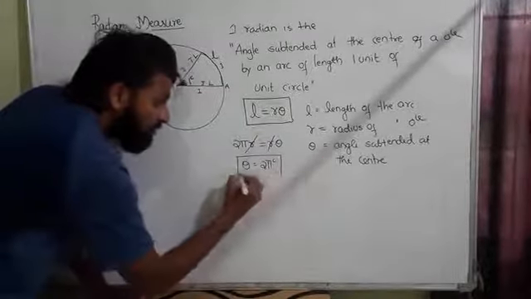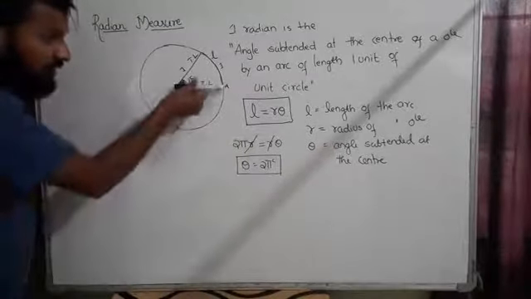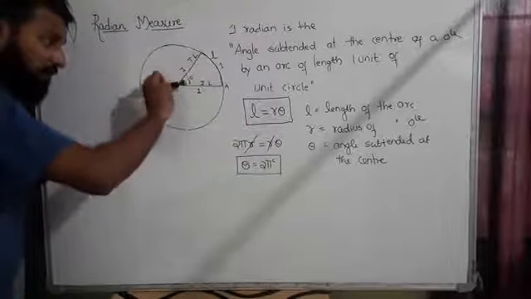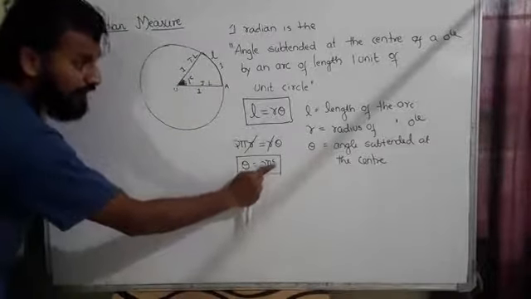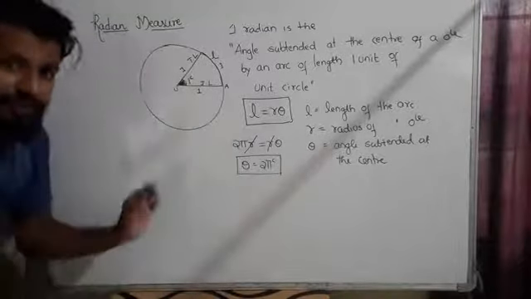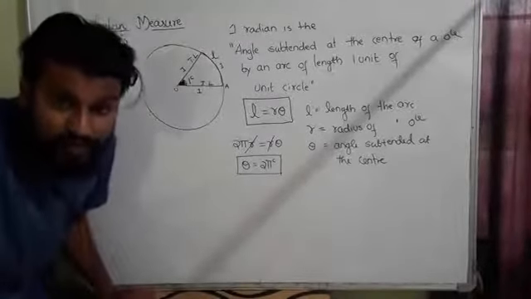So what it says is, when I rotate my initial line one complete revolution, it will make an angle of 2 pi radians at the center of the circle. Understood? So now I can make a relation between radian and degree.